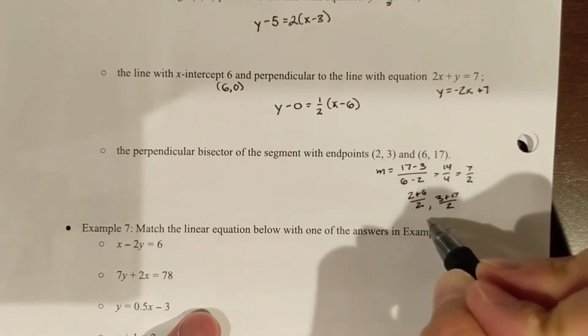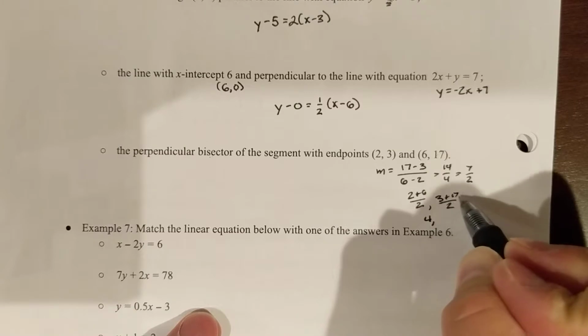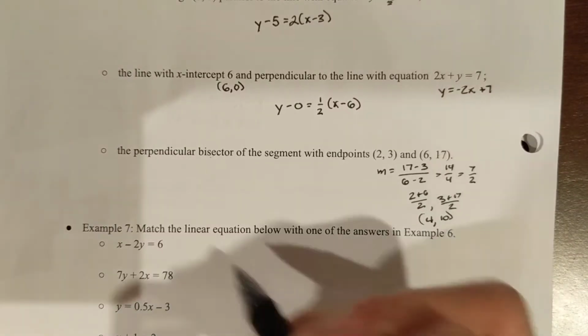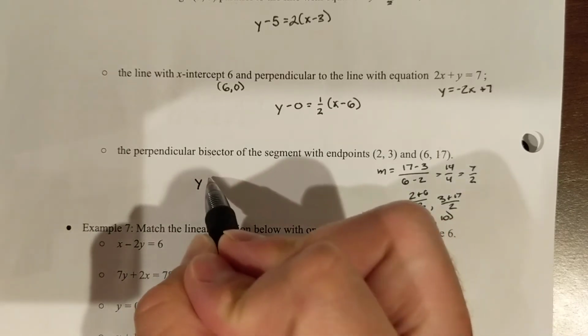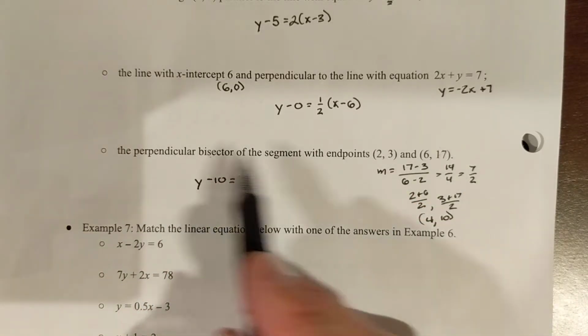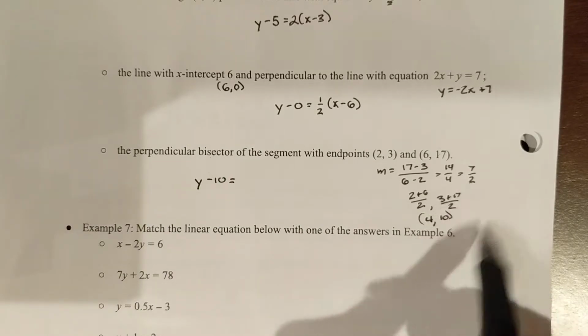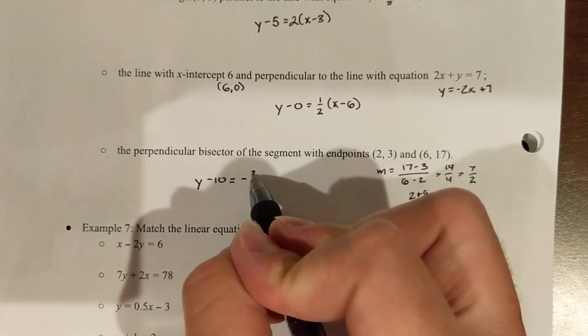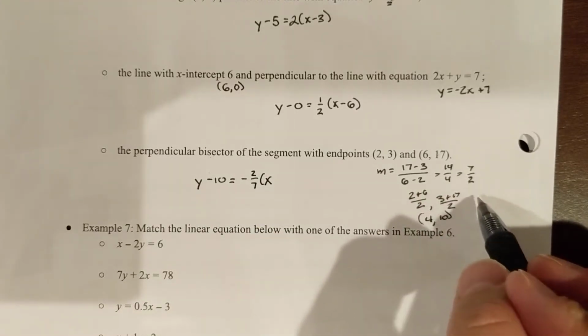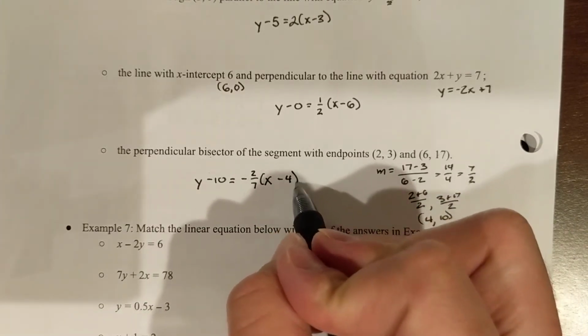So this is 8, so that coordinate is 4, and this one is 10. So there's my point, there's my slope. So y minus 10 is equal to, now since it's perpendicular, my slope is 7/2, so the perpendicular is -2/7. Change the sign and flip the fraction, and then x minus 4.